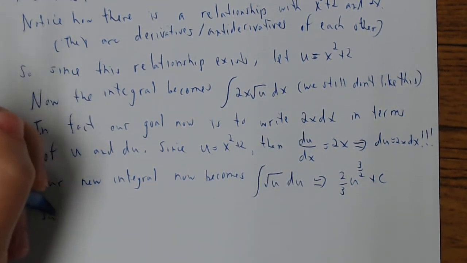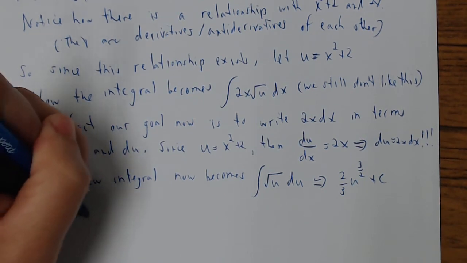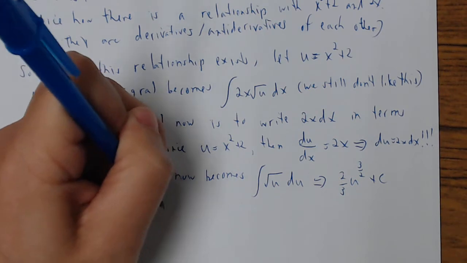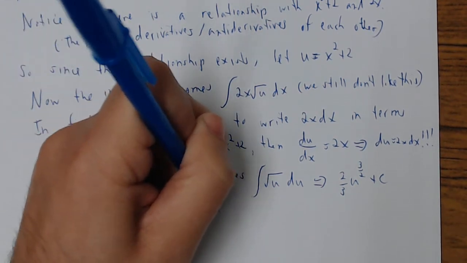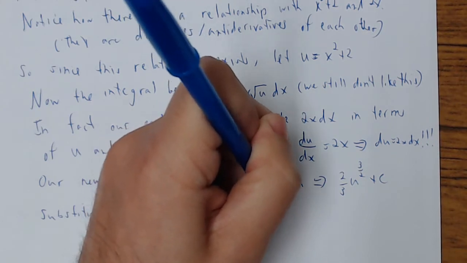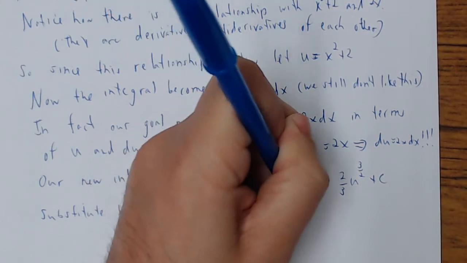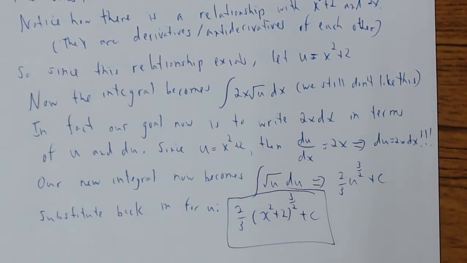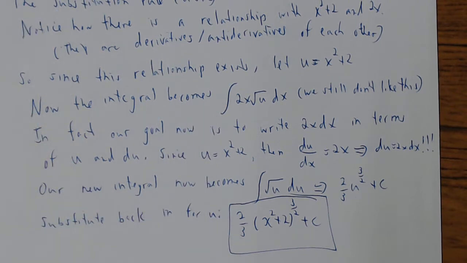So we'd say, look, substitute back in for u, which then results in 2/3 (x squared plus 2) to the 3/2 plus c. And there you have it. So we were just able to find the antiderivative of this using the substitution rule.